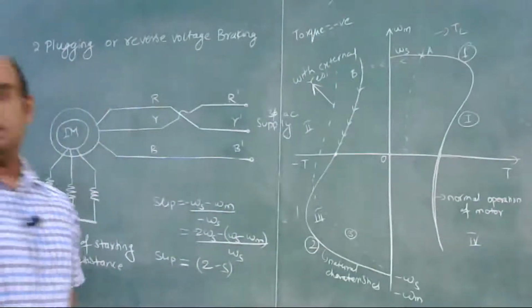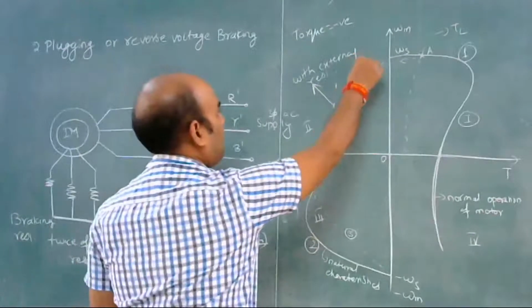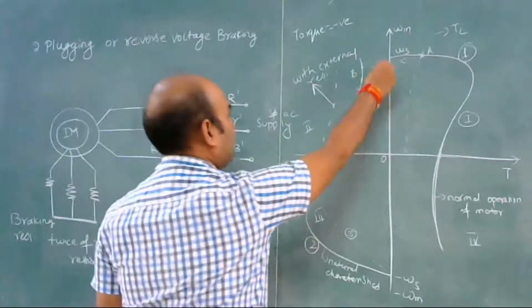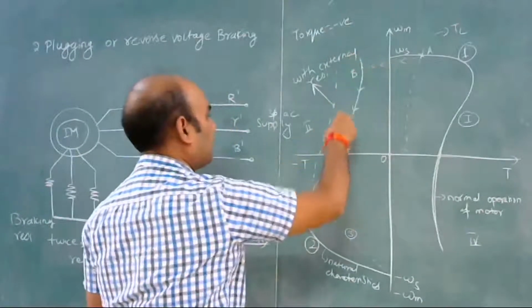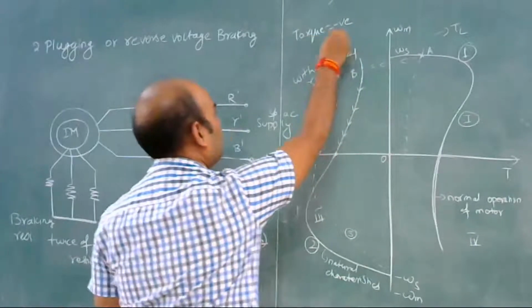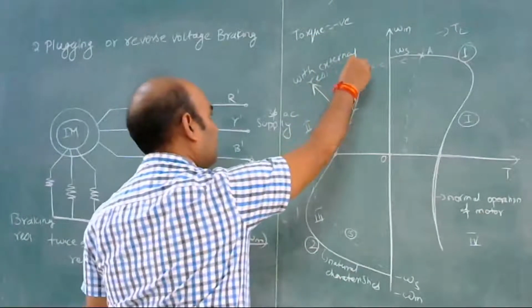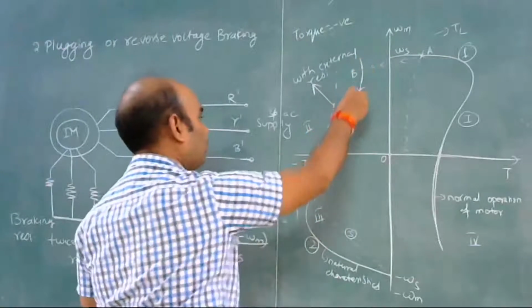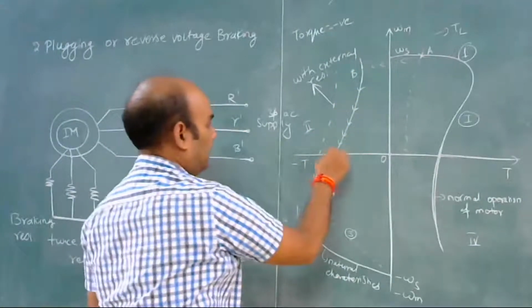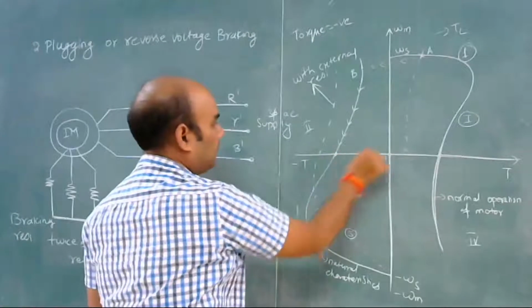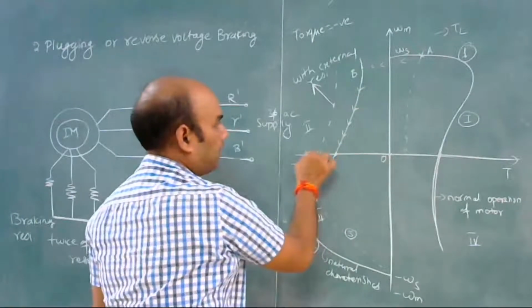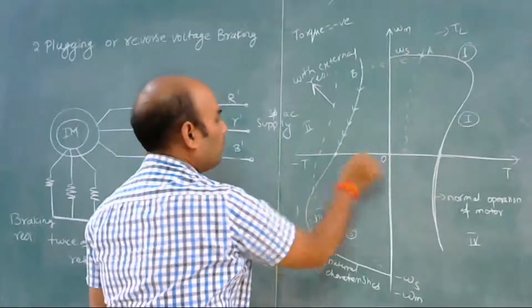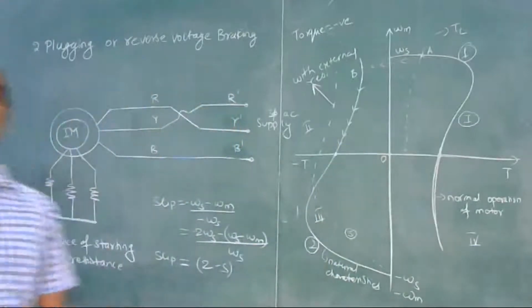Here, when the characteristics enter the second quadrant and torque is negative, this will decelerate the motor and it will now follow this curve. At this point the speed is 0 but torque is not equal to 0.